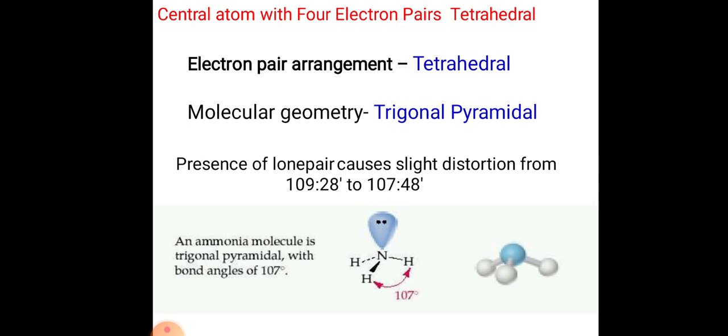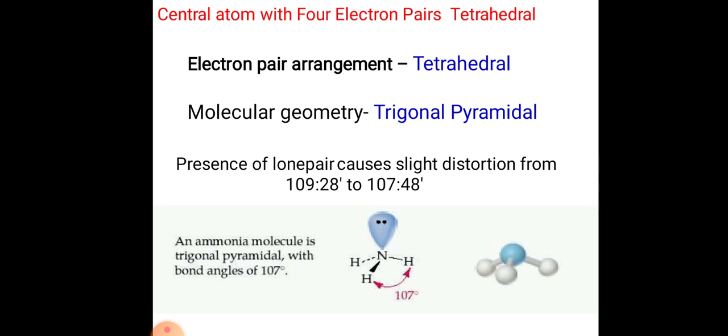Now the first case is the central atom with 4 electron pairs. Remember, if there are 4 electron pairs, the arrangement of electron pairs will be tetrahedral. Out of these 4, in this typical example, we have one lone pair. That lone pair will be arranged in any of the positions, say at the top.